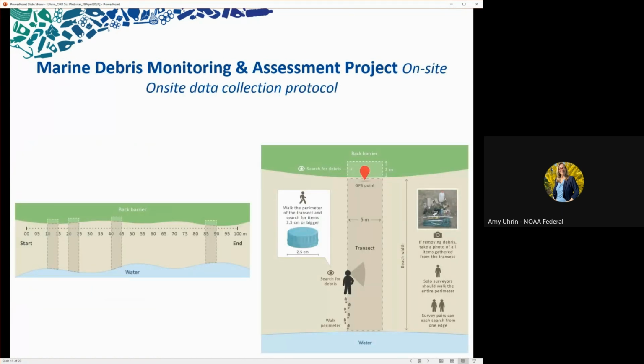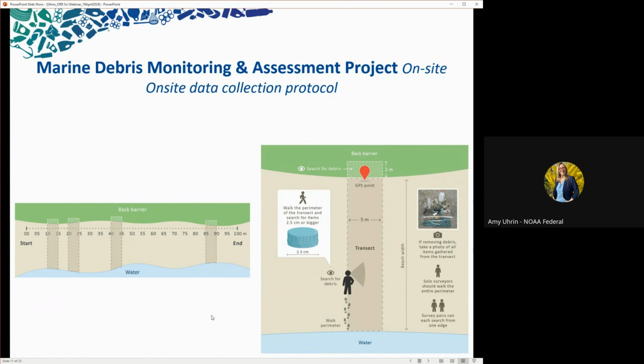I won't get into a lot of details about what happens when you go to a monitoring site, but in a nutshell, like many other existing shoreline marine debris data collection methods, it involves designating a specified length of shoreline for sampling. In our case, it's 100 meters, which you can see here in this little figure.